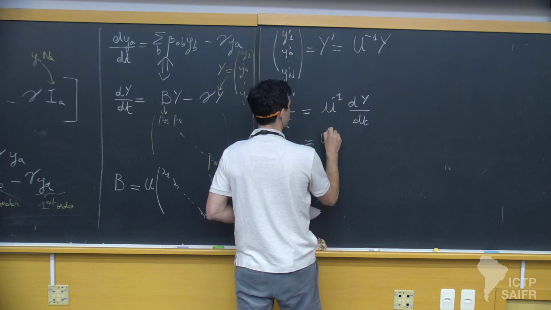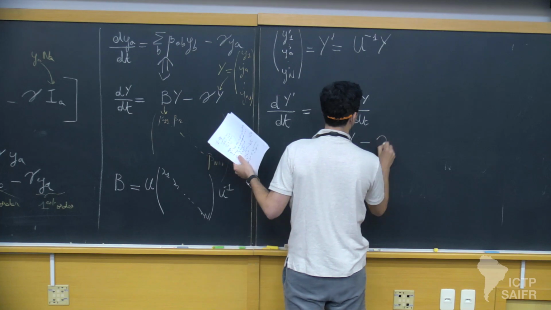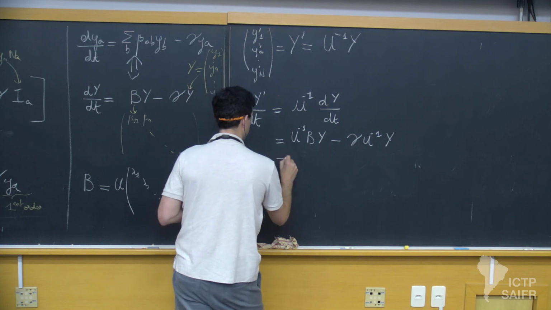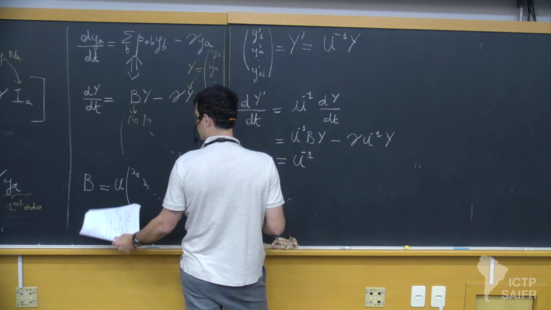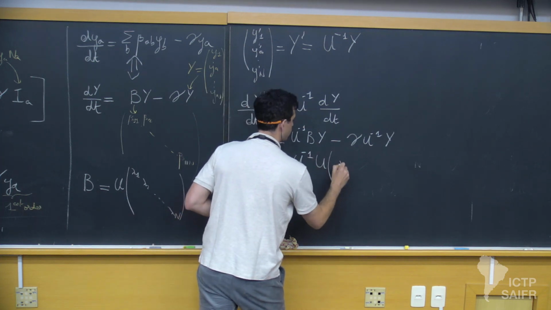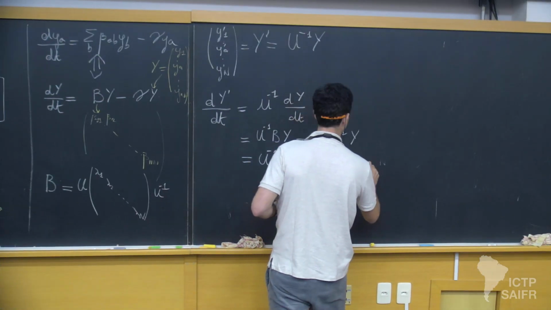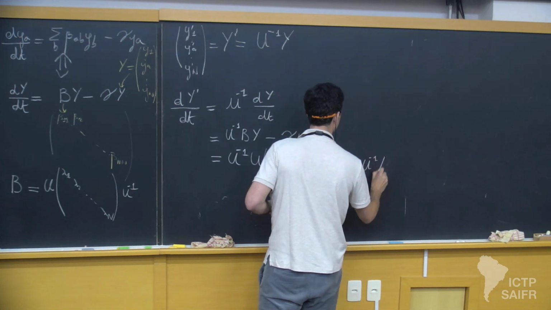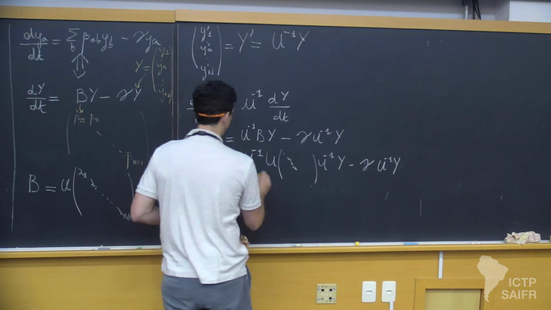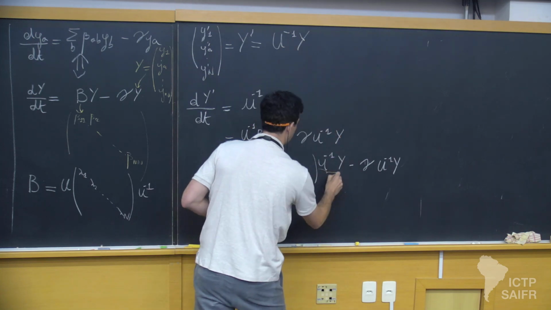So I have U^-1 times B Y, minus gamma U^-1 Y. I can further introduce the decomposition that I had for B. So it's B times U times the diagonal matrix times U^-1 times Y, minus gamma U^-1 times Y. Here, using what we introduced before, this is the identity matrix, and this we said was Y prime.